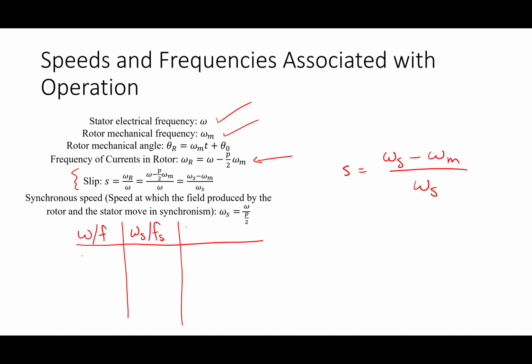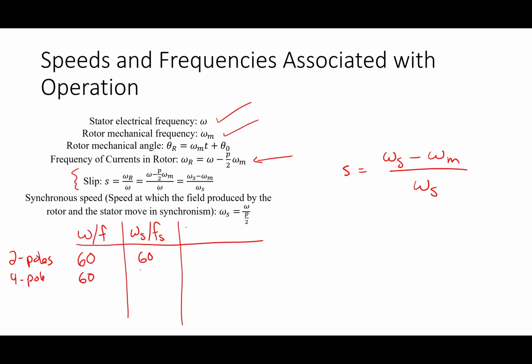If I have 60 hertz and a 2-pole machine, what would be the synchronous speed? What would be the maximum possible speed? 60. If I had a 4-pole, the electrical frequency is still 60.